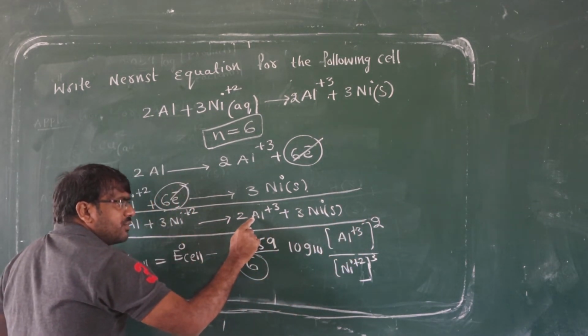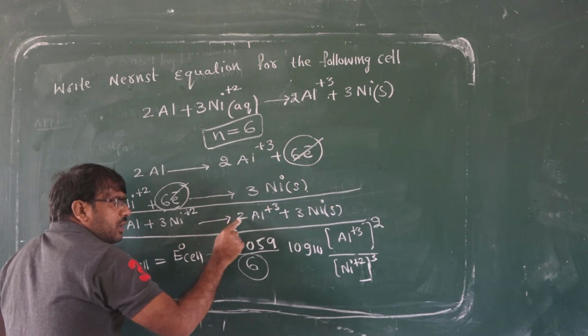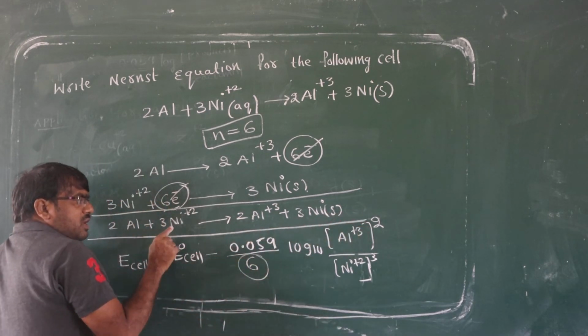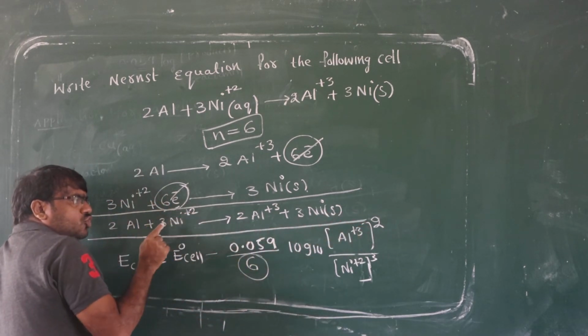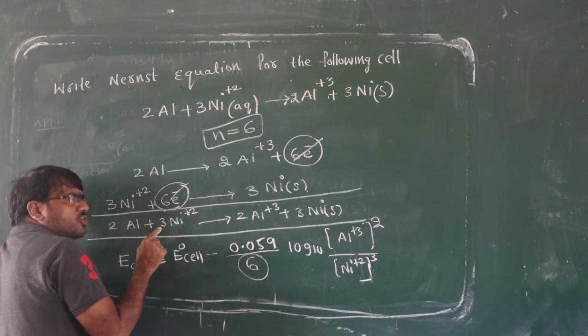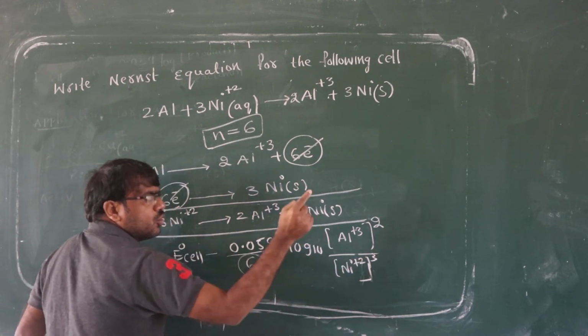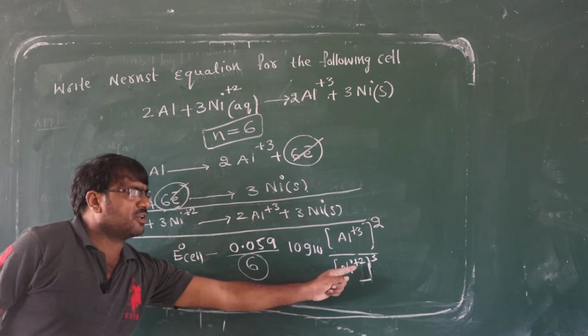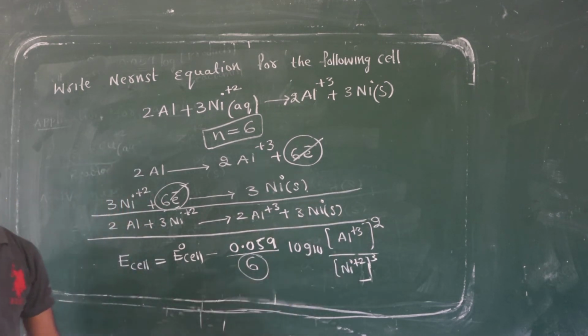In front of Al+3, the stoichiometric coefficient is 2. That's why power 2. In front of nickel+2, the stoichiometric coefficient is 3. That's why we write 3 here: concentration of nickel+2 overall power 3. So this is the equation.